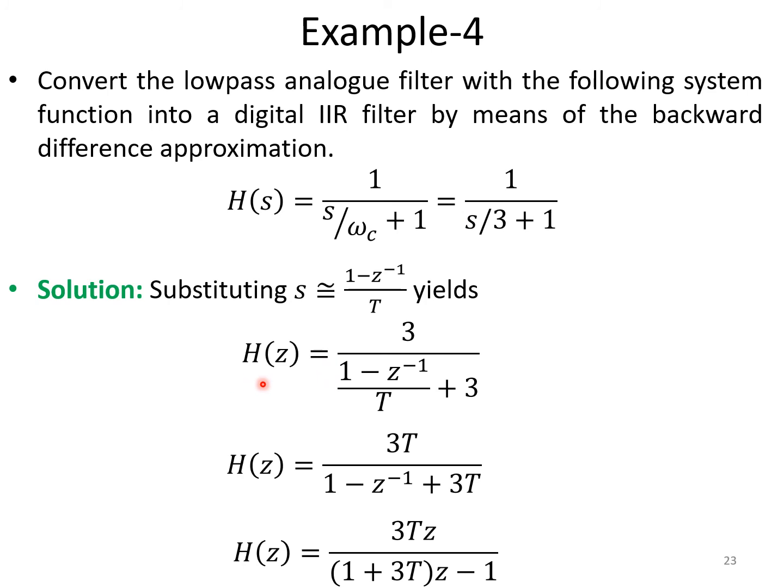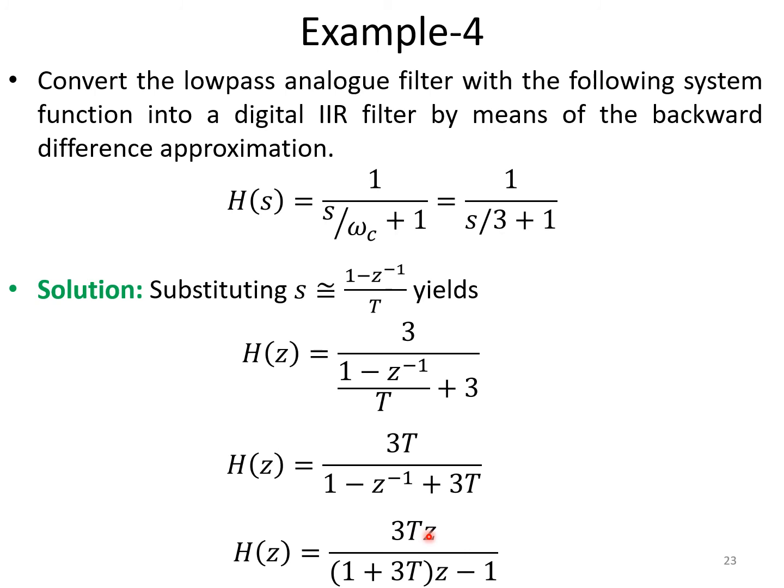So H of z equal to 3 upon (1 minus z power minus 1 upon T) plus 3, and after some simplification you can get the transfer function in this form: H of z equal to 3Tz upon (1 plus 3T)z minus 1. So here you can see the choice of T plays an important part, which is the sampling interval, right?